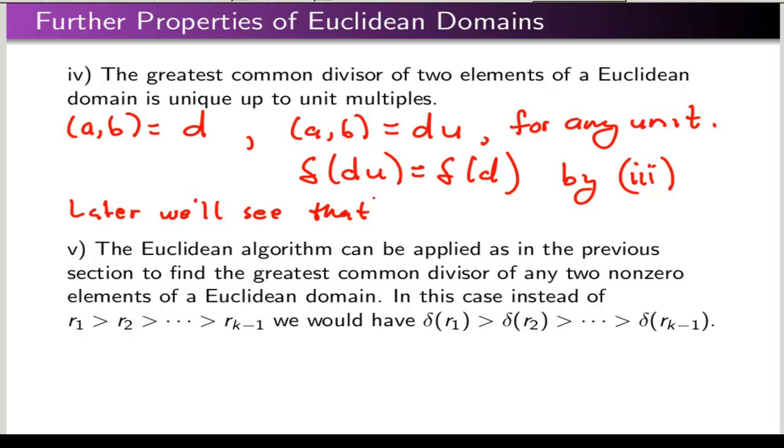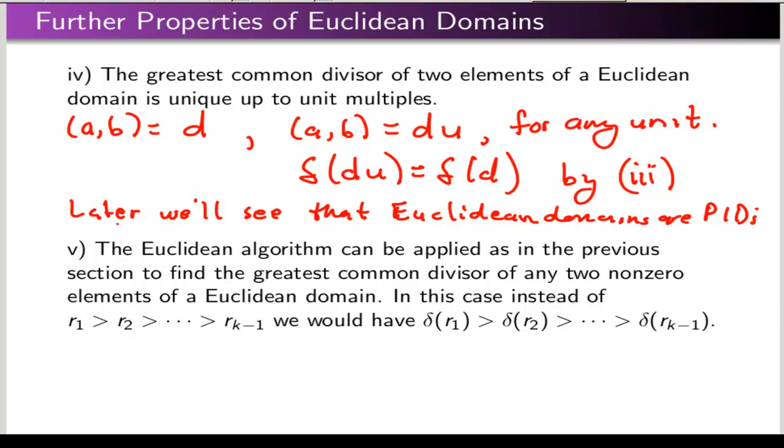Later we'll see that Euclidean domains are PIDs, and that will complete this uniqueness part. So don't worry about that for the time being.